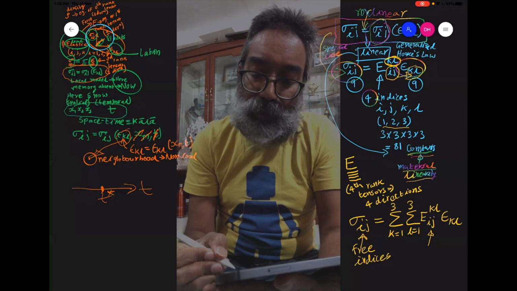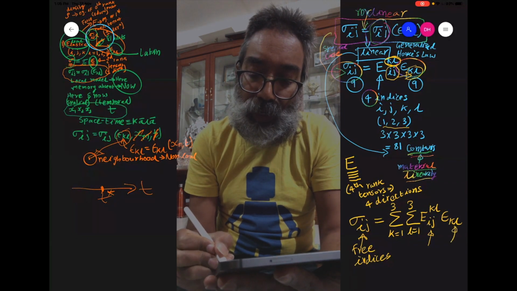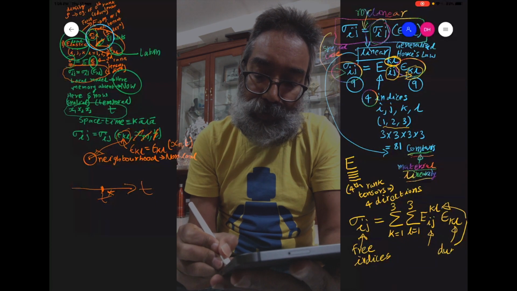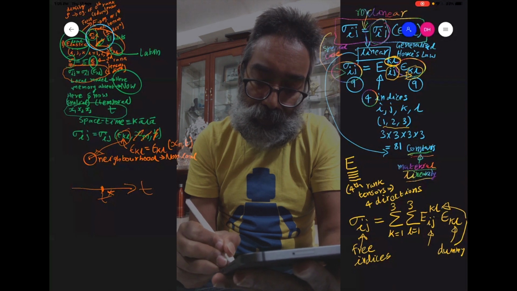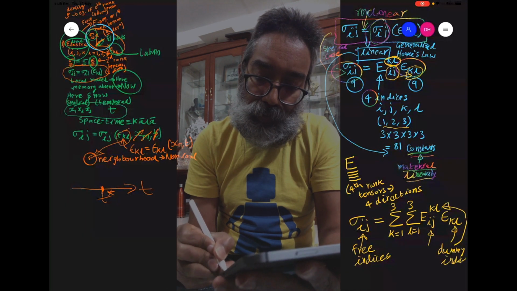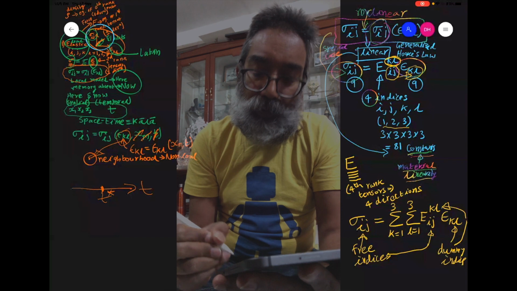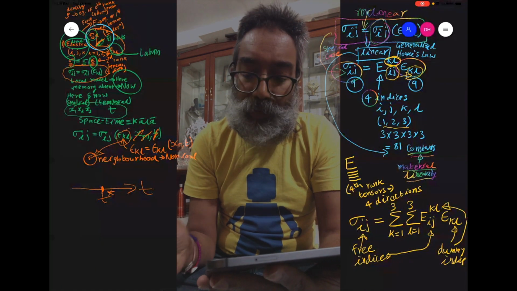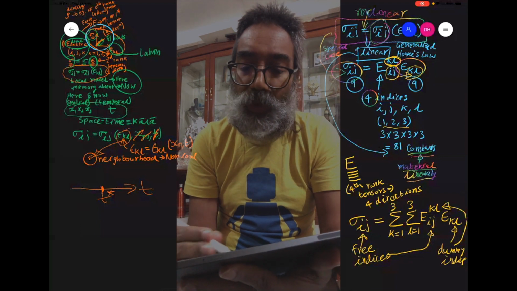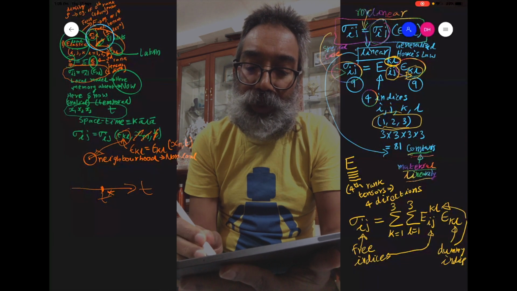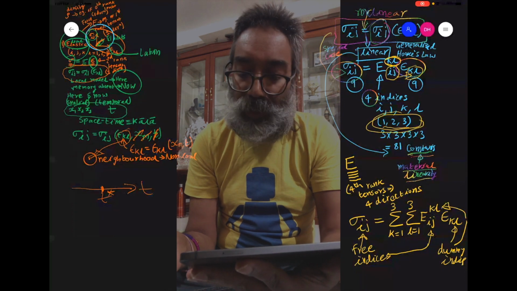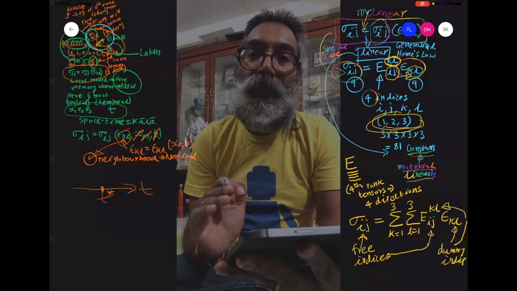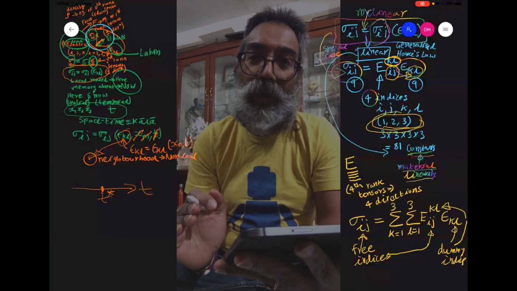And then on the other hand, these indices KL are called the dummy indices, because you might as well replace KL by something else like MN, etc. Because all that you're doing is just summing over the entire range, which in this particular case happens to be 1 to 3.